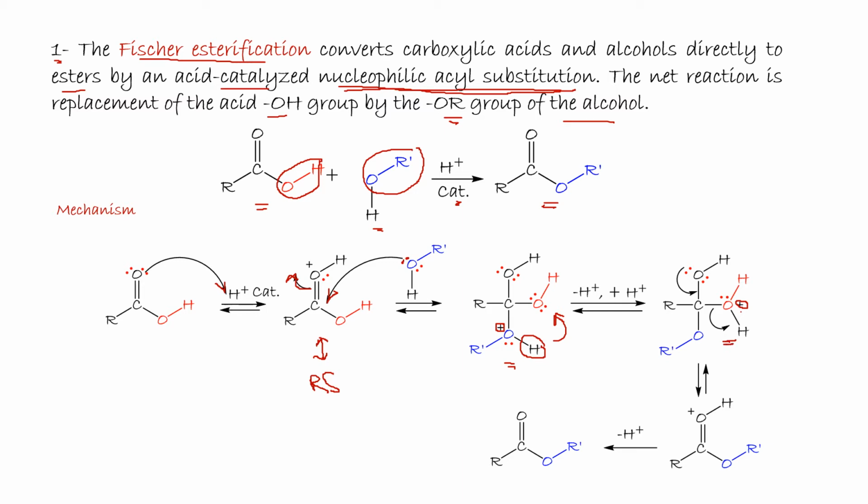Now this lone pair will come down here and kick a molecule of water out to form that species. Loss of H plus provides the ester. This is the mechanism, what we call Fischer esterification, and it goes through the nucleophilic acyl substitution mechanism.